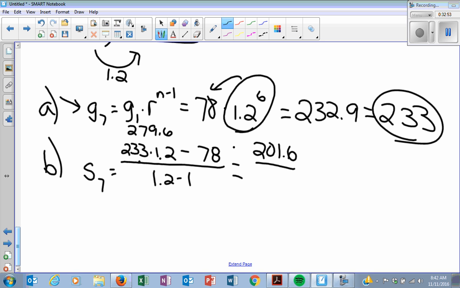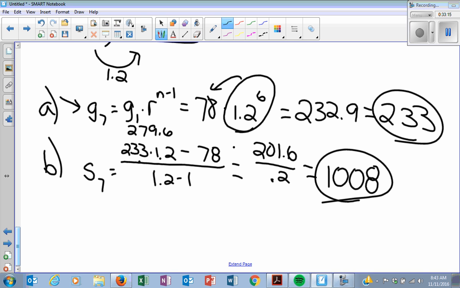And then this is 0.2. And now I hit this, I leave this in the calculator and I hit divide by 0.2. And what do you get? 1,008. Should be 1,008. And there's my answer.